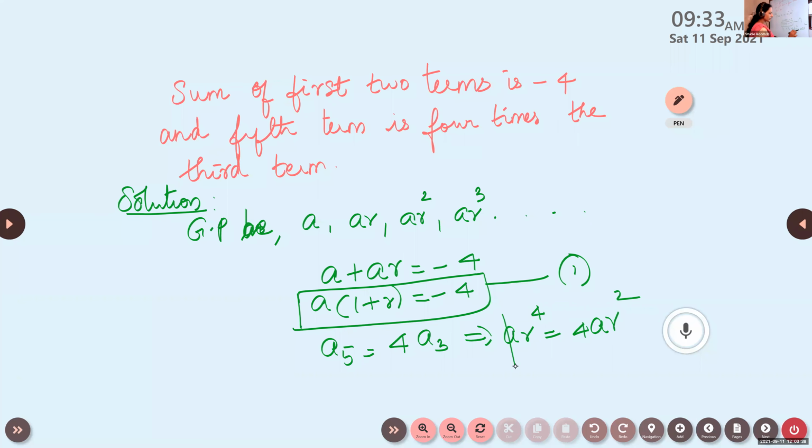Okay, so on both the sides we can cancel one a. So one r square also will get cancelled. So we get r square is equal to 4. Is it correct? Therefore, what is r? r is plus or minus 2. We get the value of r as 2.